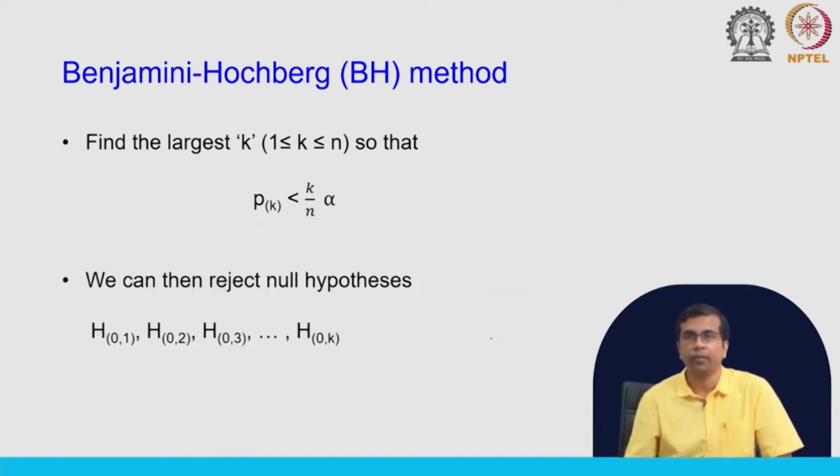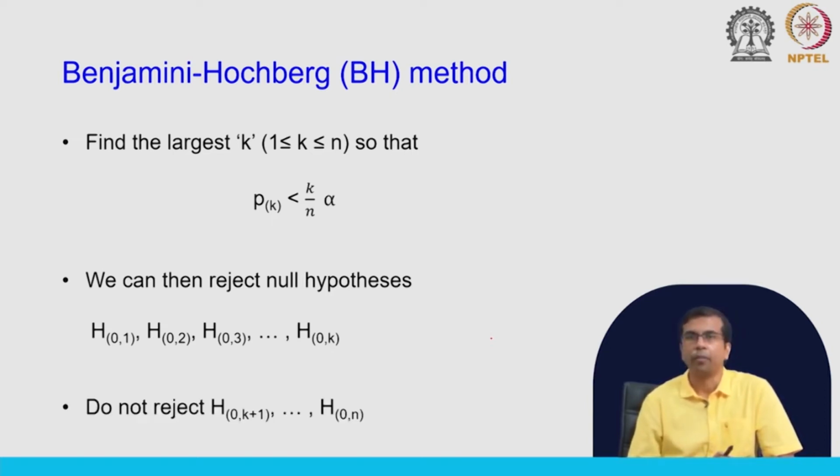So, we can reject the null hypotheses H0,1 up to H0,k, which satisfy this condition, where they are less than the cutoff that is set for them. Again, the cutoff is adaptive, as you can see we are changing the cutoff based on the p values, and we do not reject the null hypotheses H0,k+1 to H0,n.